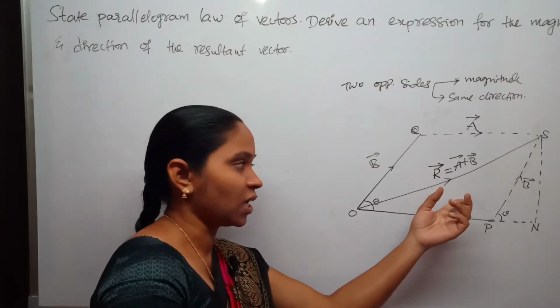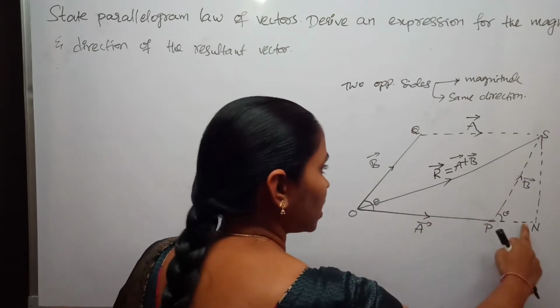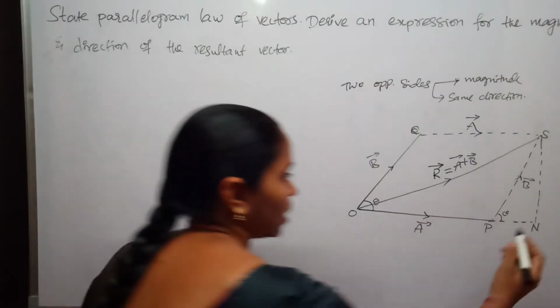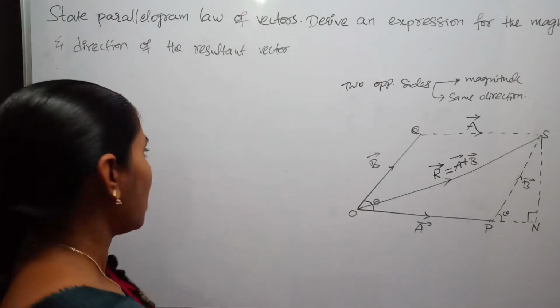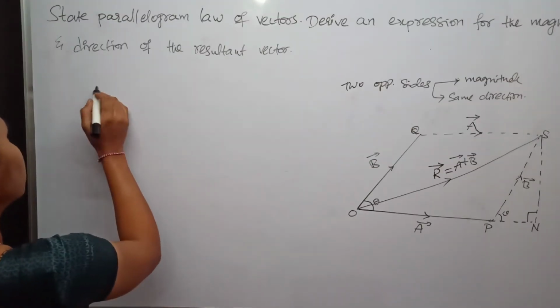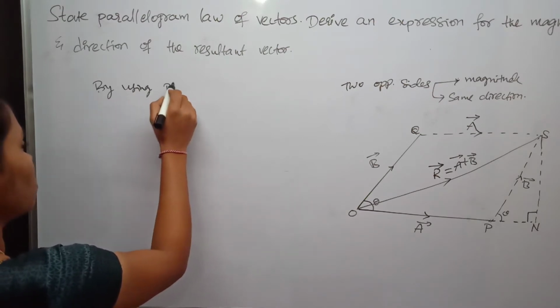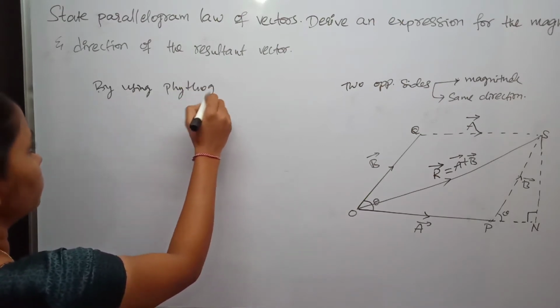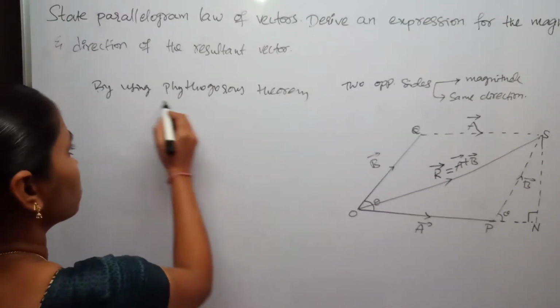And from this diagram, this is a right angle triangle, right? ONS is a right angled triangle. And using Pythagoras theorem, what is the Pythagoras theorem?